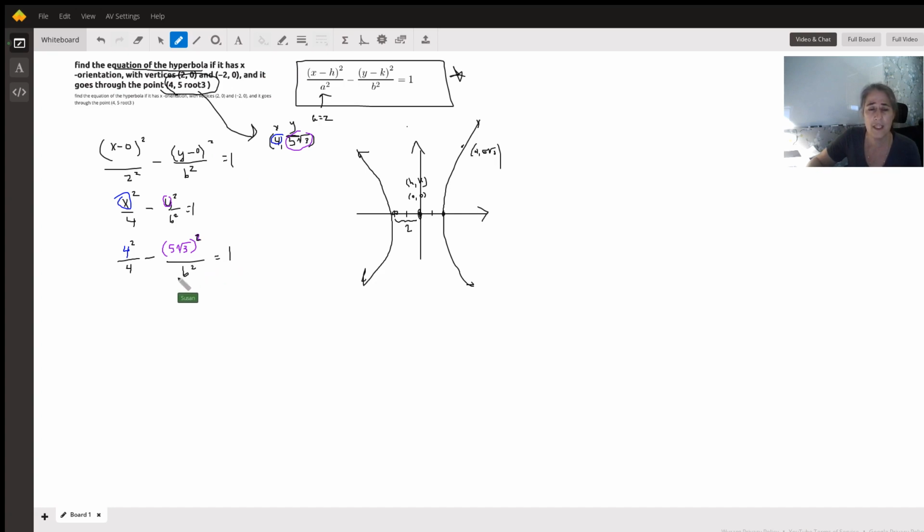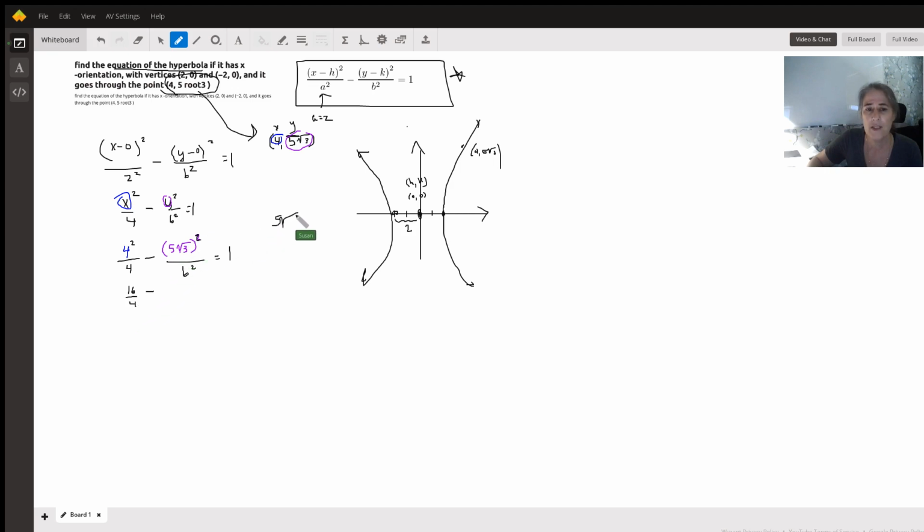And you can see here, I have an equation that I'm going to be able to solve. It won't necessarily be easy, but I should be able to, because one equation and one unknown, that's solvable. So 4 squared is 16, so that's 16 over 4 minus, and then (5√3) squared.